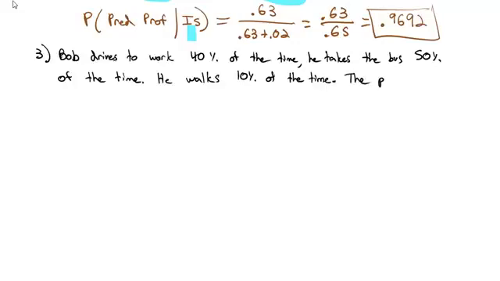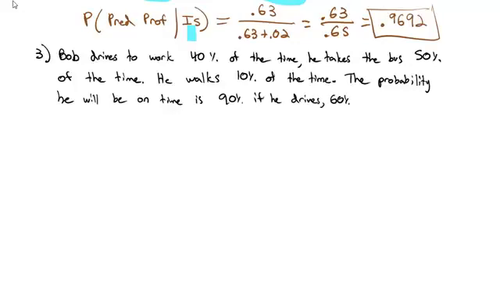The probability he will be on time is 90% if he drives, 60% if he takes the bus, and 30% if he walks.